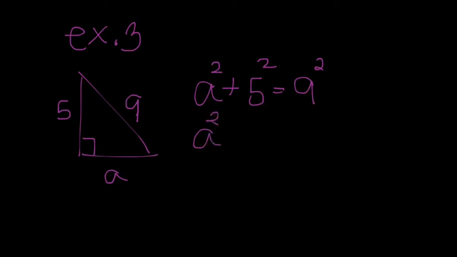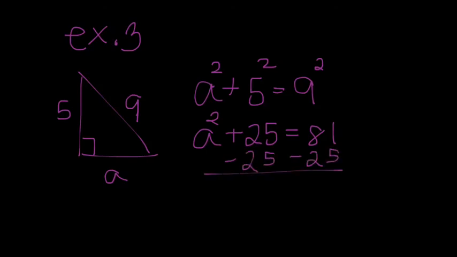We'll go ahead and simplify my squared numbers here. So I get a squared plus 25 equals 81. Subtract 25 from both sides. And I get a squared equals 56.